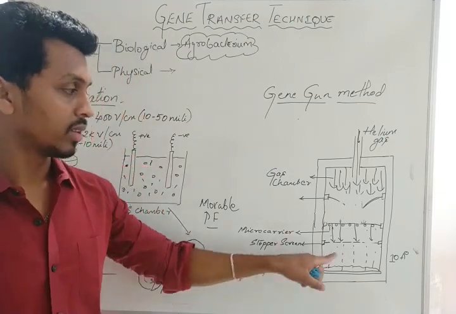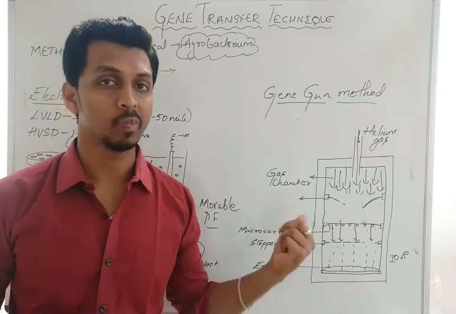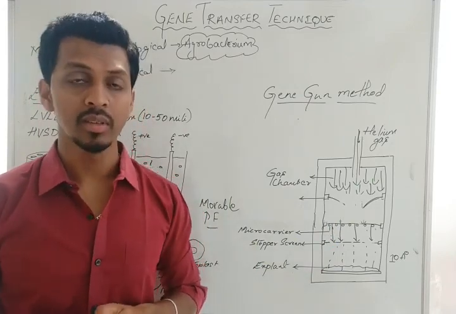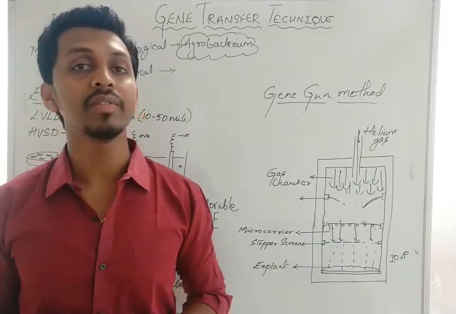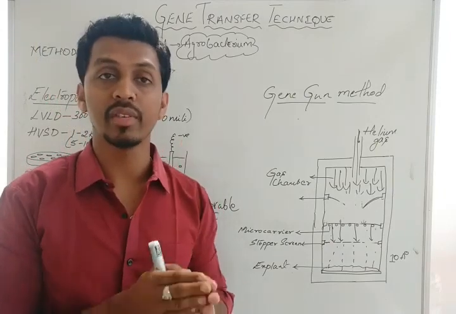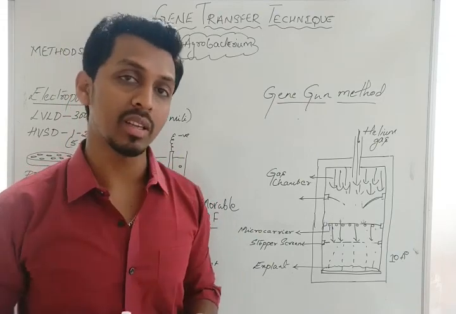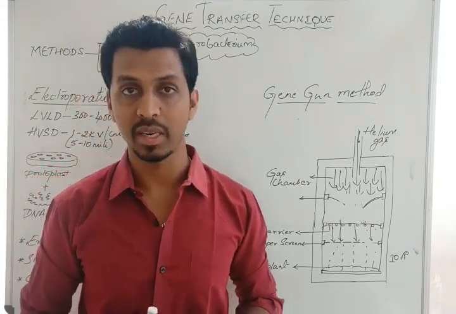In this way, the DNA enters into the plant cell, and if we grow these plant cells, we get a stable transformed plant material, and if we develop that plant, we get a transgenic plant.